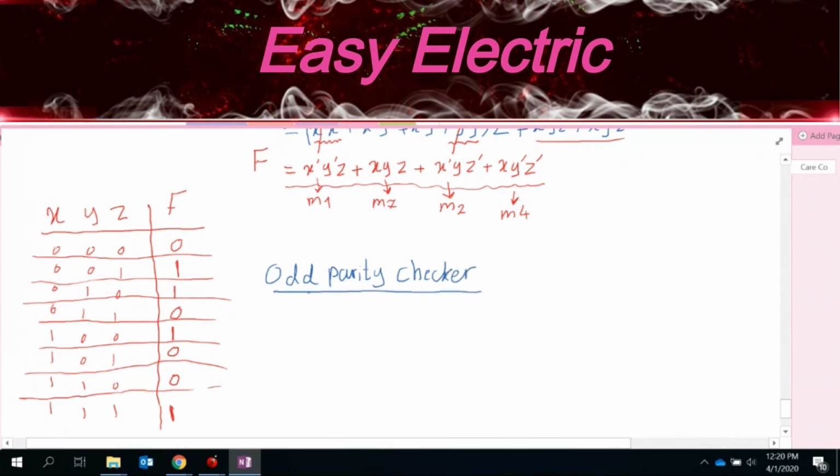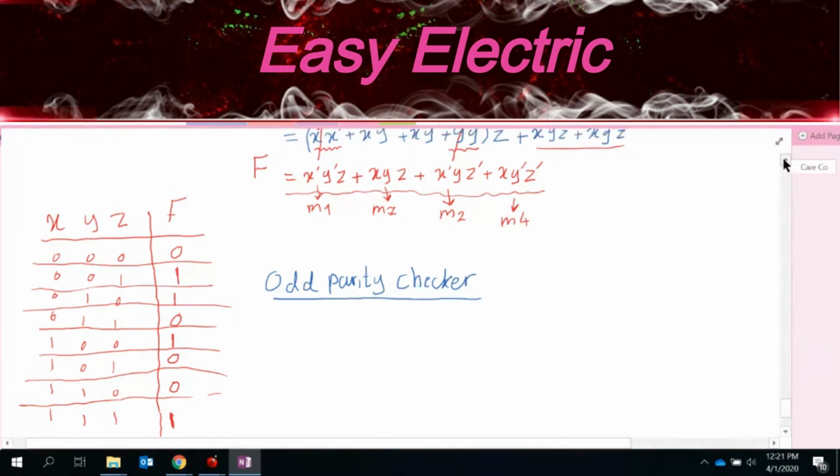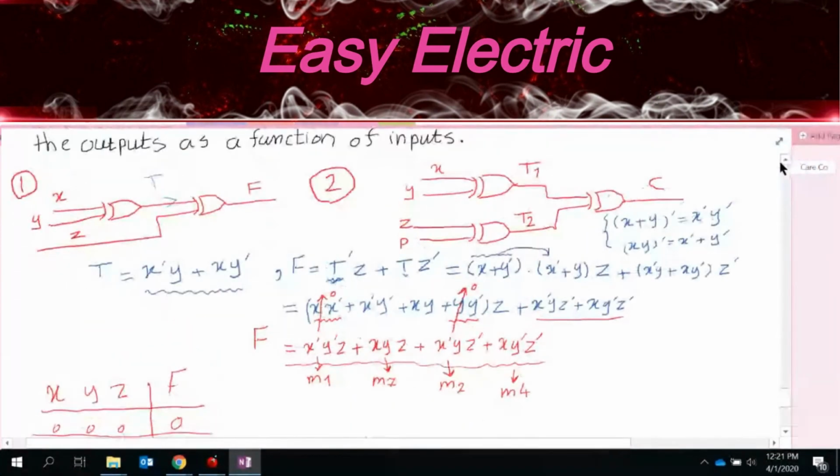So odd parity checker, what it means is that this circuit is able to tell us whether the number of 1s inside these 3 inputs is odd or even. If it's an odd number, it's able to turn on the LED. If the inputs have an even number of 1s between the 3 inputs that we have, it should be 0. So if you take a look at the whole process, what we did, we had one circuit which we had no idea about its function.